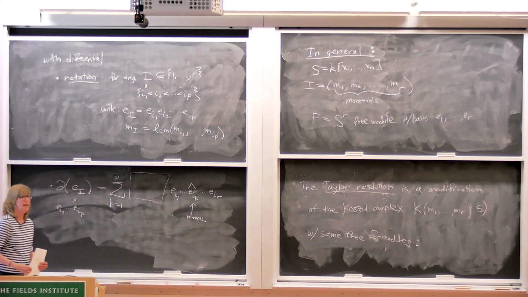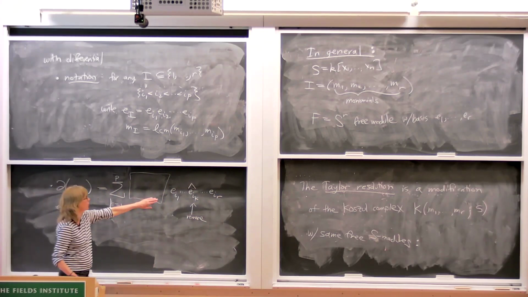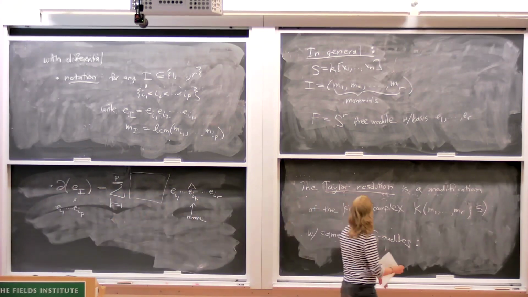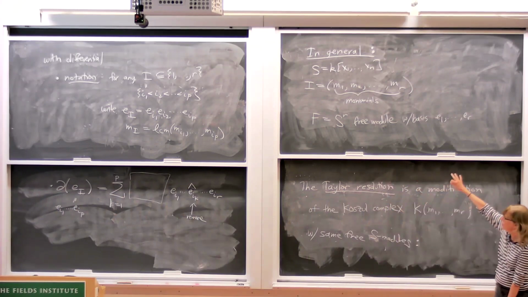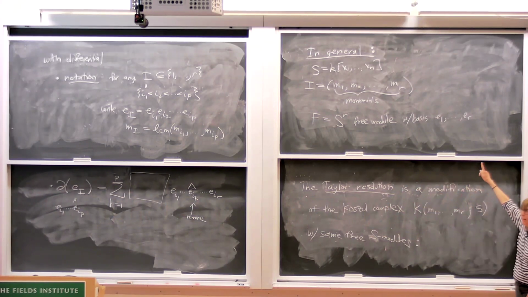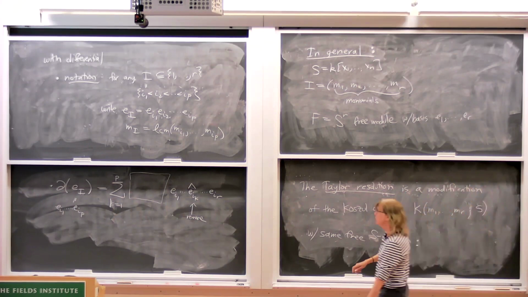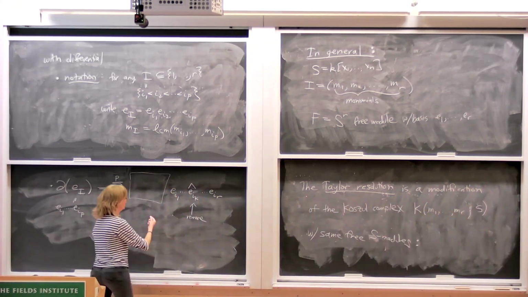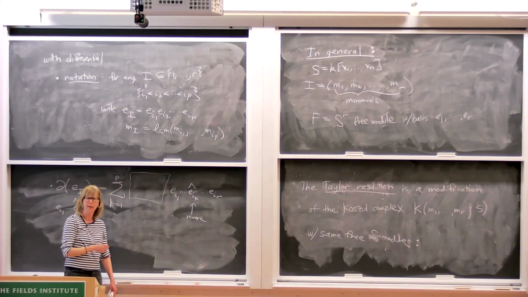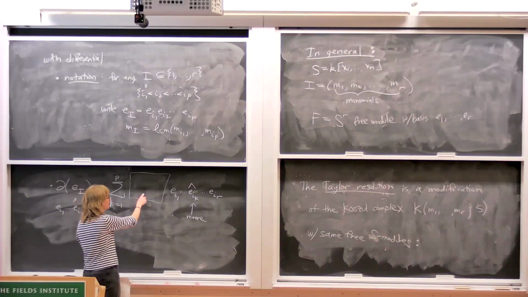Okay. And if this were just the Koszul complex on the E_Is, on the M's, what would I put in place of the one I removed in front? The corresponding M. So M_Ik, I guess. No, M_k, right, M_k. So I would put an M_k here.